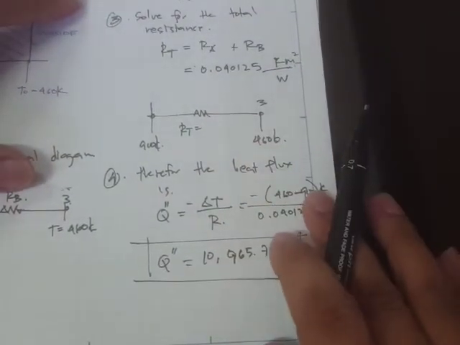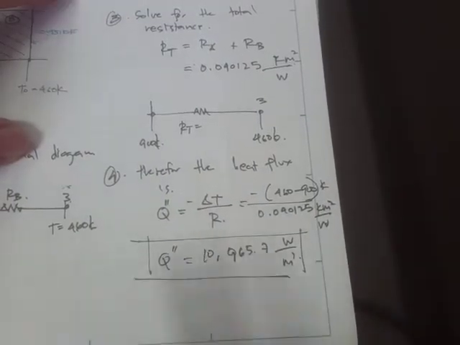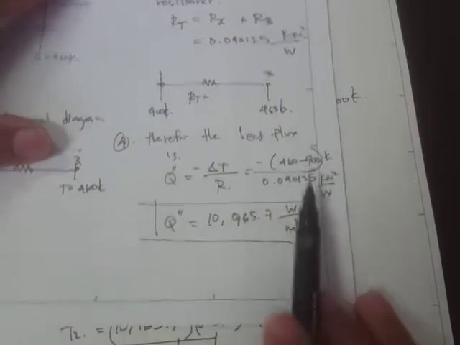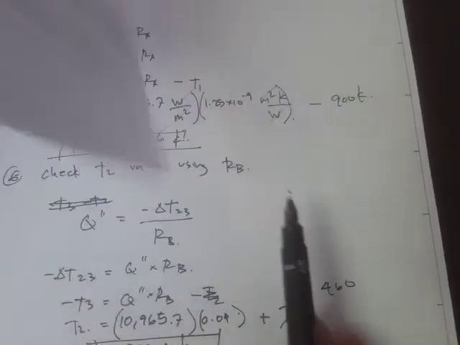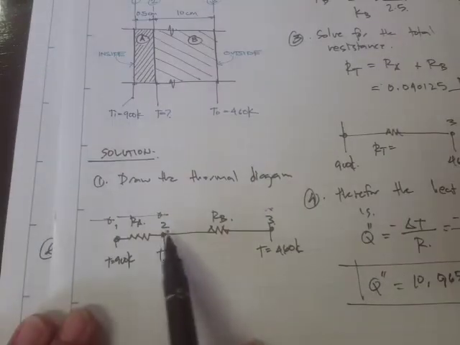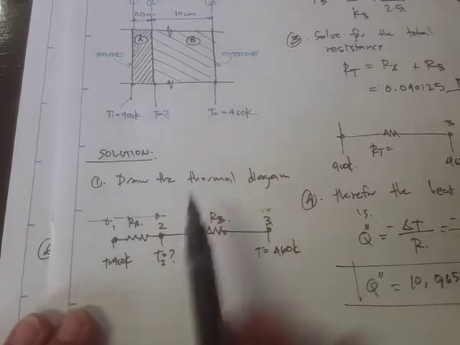If we have the total resistance and the temperature difference for the total geometry, then we can solve for the heat flux. And once we solve for the heat flux, that heat flux is the same heat flux that will pass through this interface. So that's it.